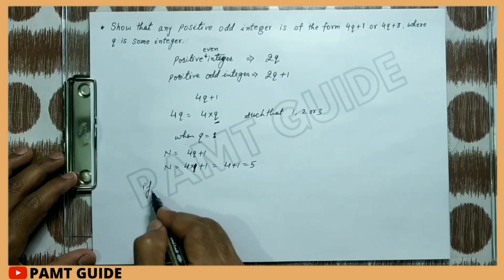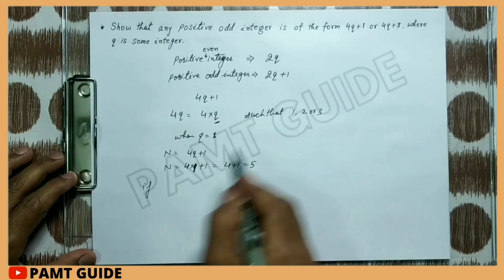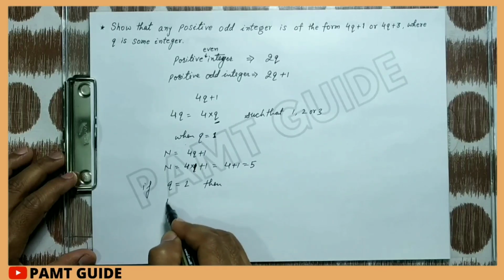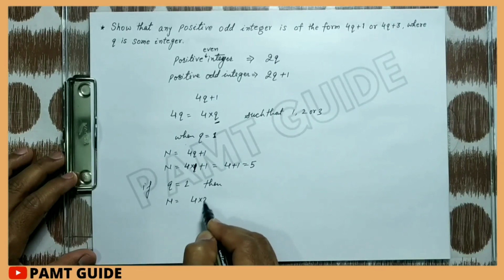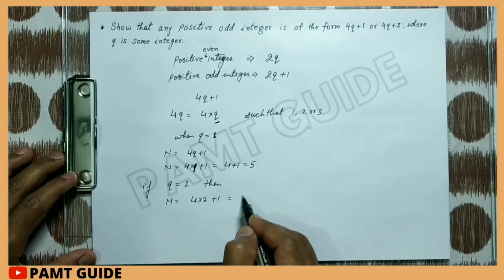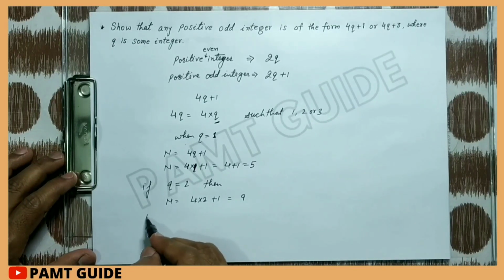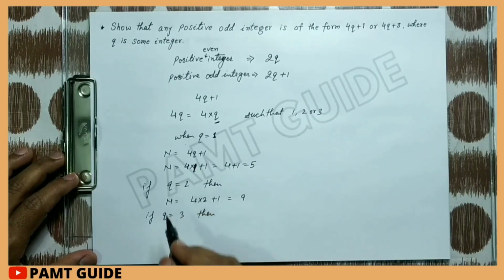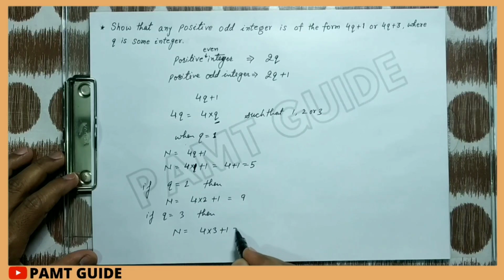And if we take the value of q 2, then number equal to 4 into 2 plus 1 is 4 2s are 8 and 1 9. If q equal to 3, then number will be 4 into 3 plus 1, 4 3s are 12 plus 1 13.